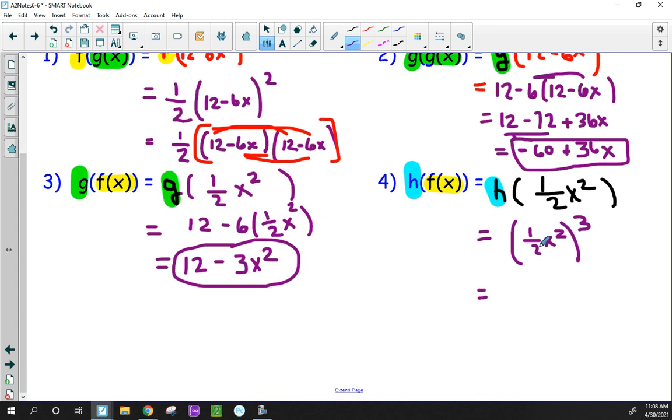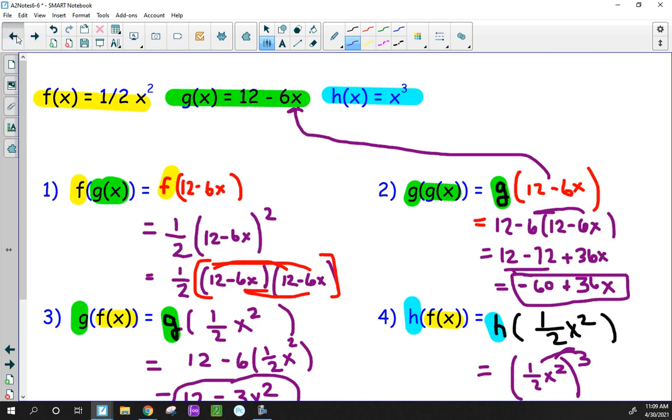And you can use power rule. 1/2 to the third power is 1/2 times 1/2 times 1/2. 1 times 1 times 1 is 1. 2 times 2 times 2 is 8. X squared to the third, we're going to multiply the powers. So when you have a power raised to a power, you multiply the powers, so that should be x to the 6th, and we are done. 1/8 x to the 6th is that answer.